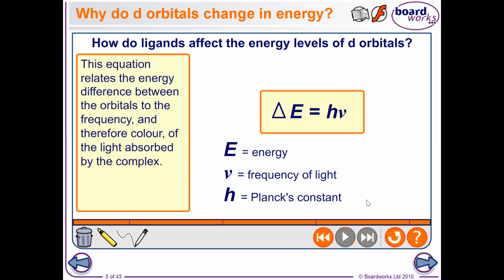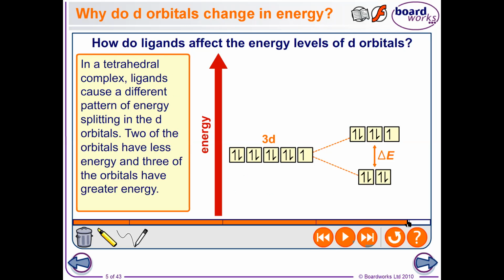Let's go back here. The amount of energy is less, so the frequency of the photon of light here is also less, and it will appear with a different color.